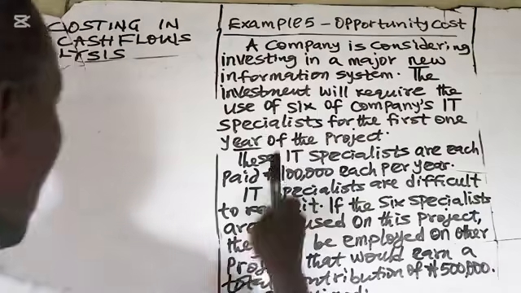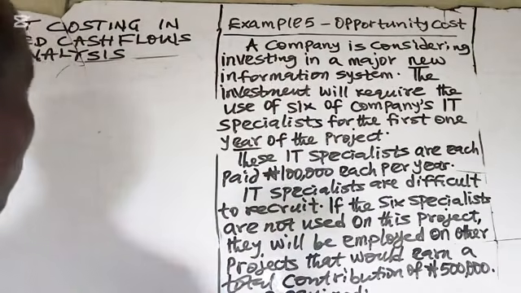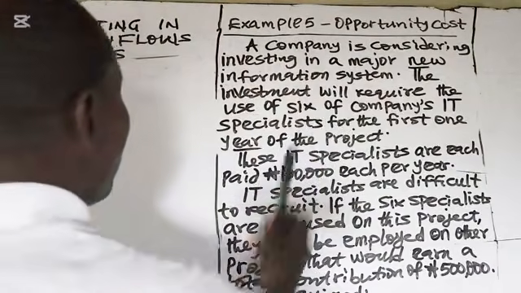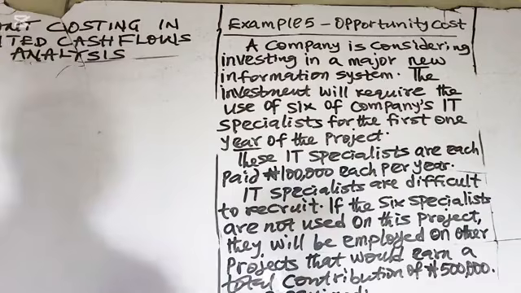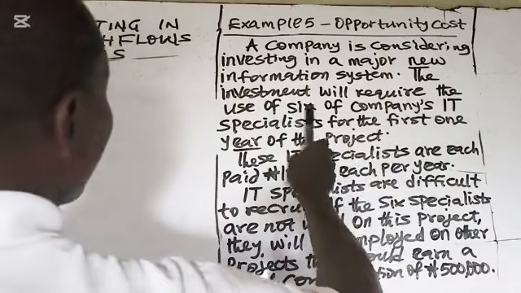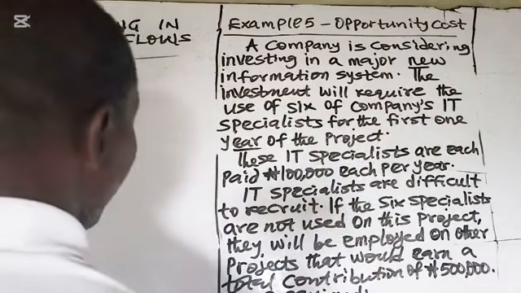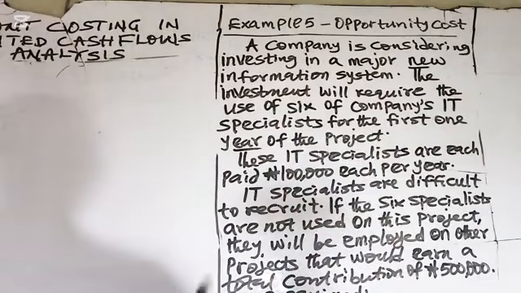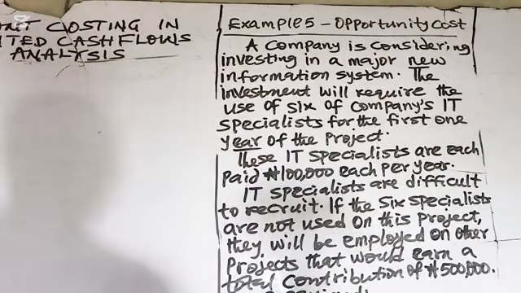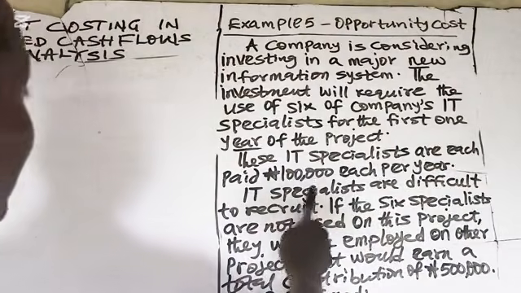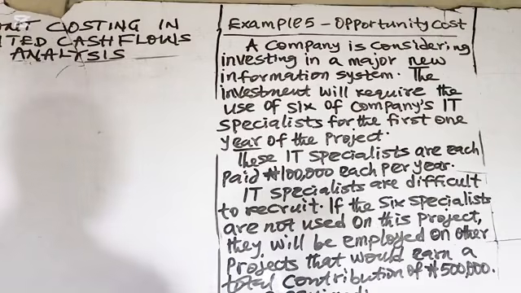Example 5, opportunity cost. A company is considering investing in a major new information system. The investment will require the use of 6 of the company's IT specialists for the first 1 year of the project. These IT specialists are each paid 100,000 naira per year. IT specialists are difficult to recruit.